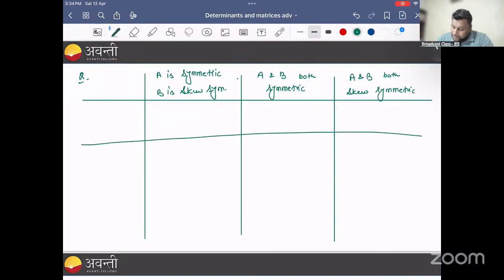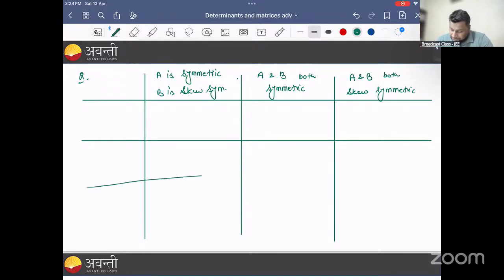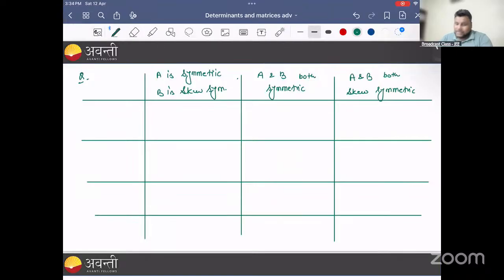Now you are going to tell me about the matrices. In these kind of situations, AB minus BA, AB plus BA, A to the power 4, B to the power 25 minus B to the power 25, A to the power 4, and finally A to the power 25 plus B to the power 25.